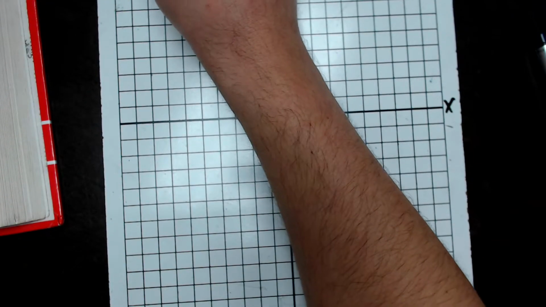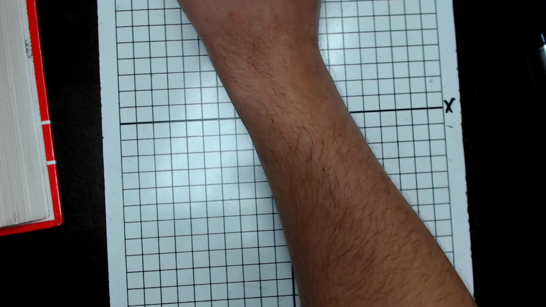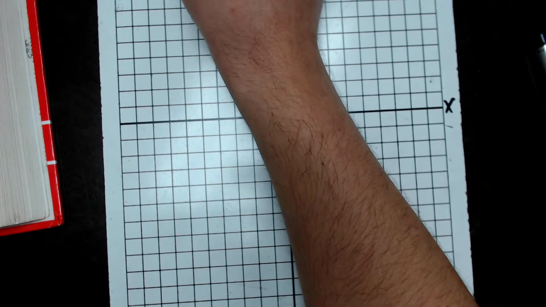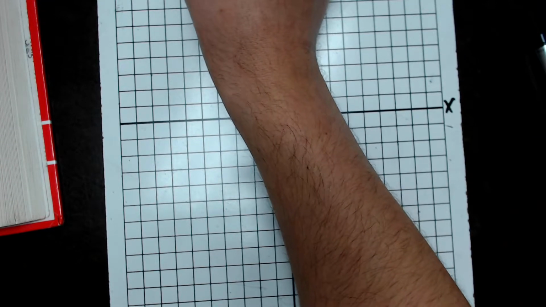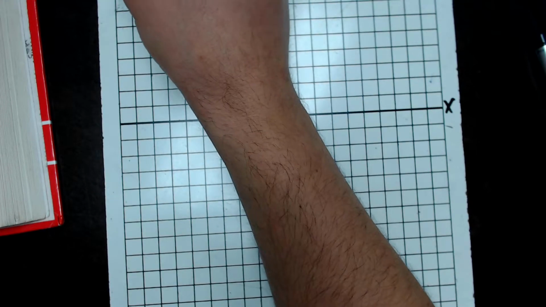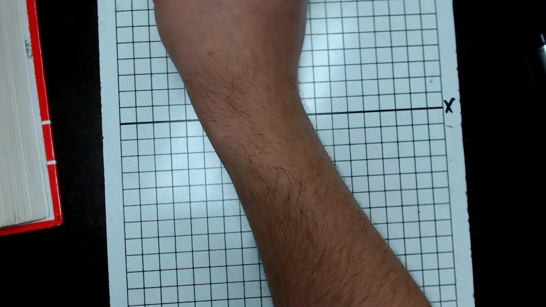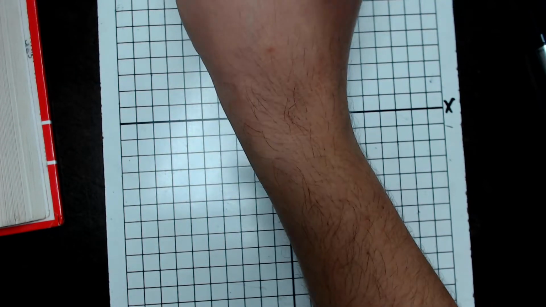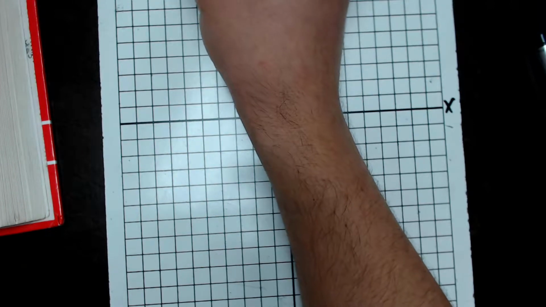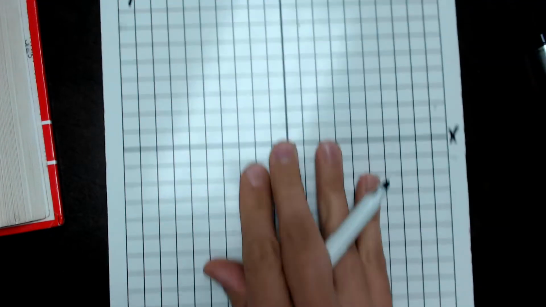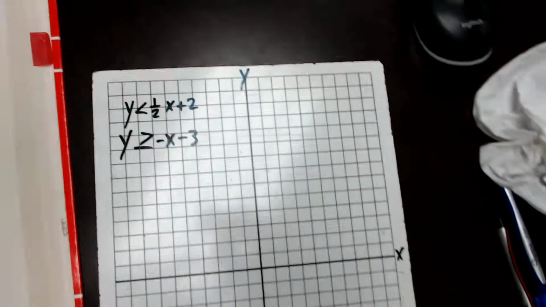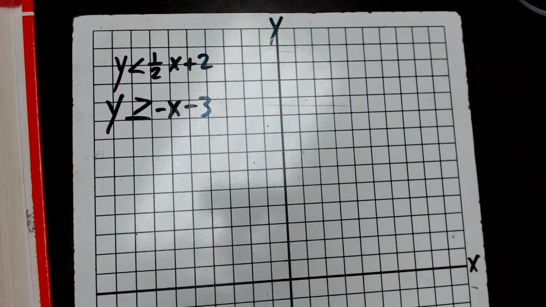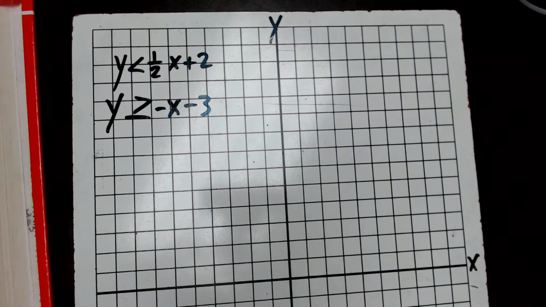We have y is less than 1/2 x plus 2. And then we have y is greater than or equal to negative x minus 3. Okay, so these are our 2 equations.